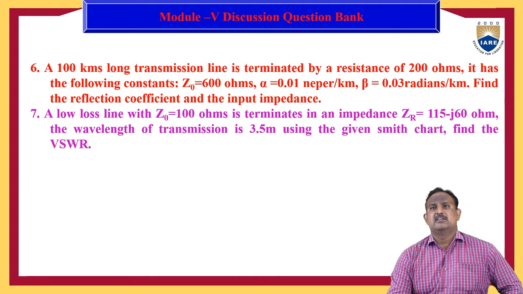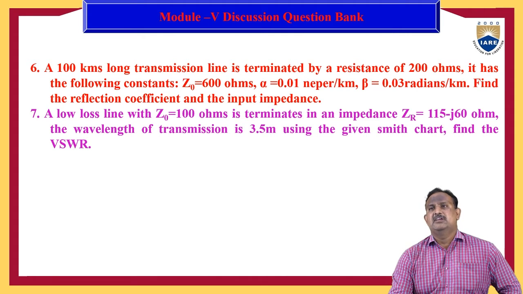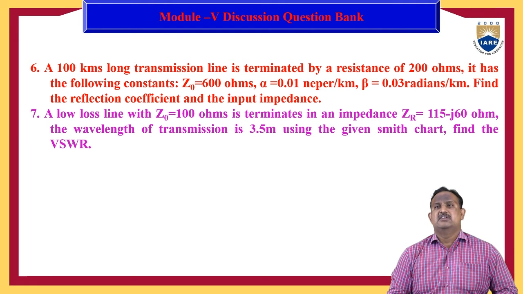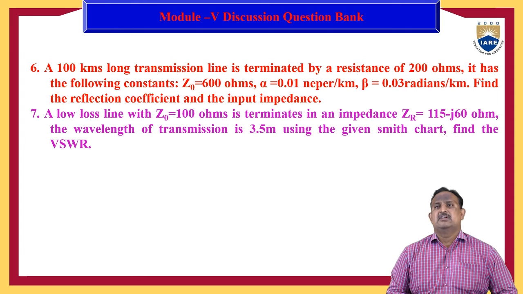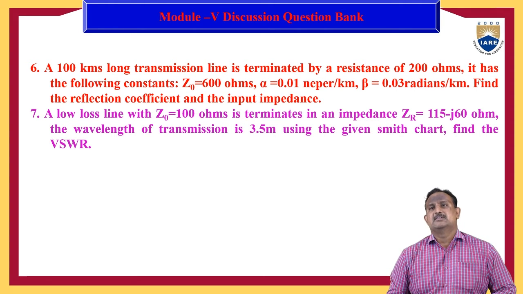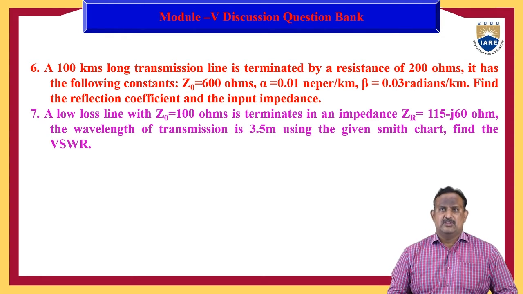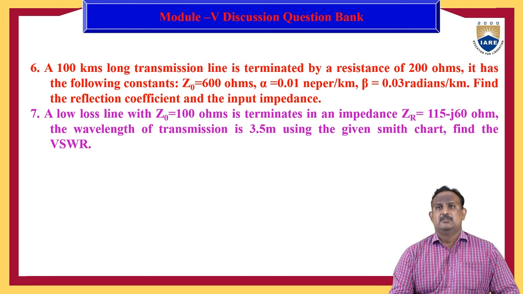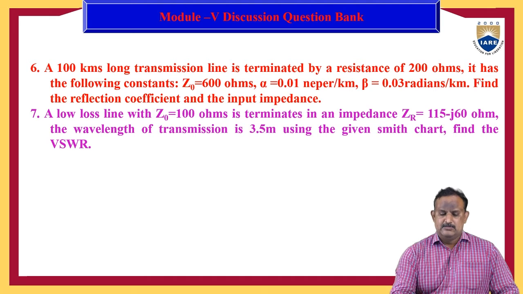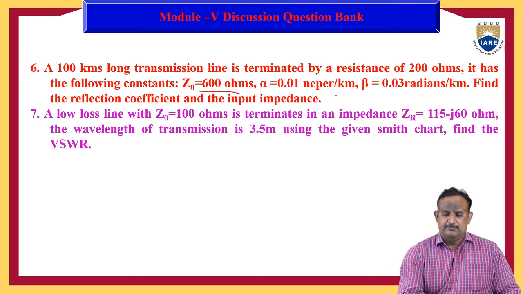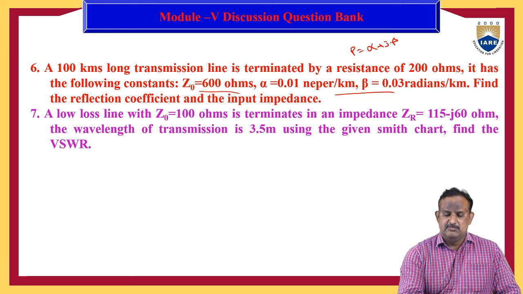A 100 kilometer long transmission line is terminated by a resistance of 200 ohms. It has the following constants: Z0, alpha, and beta are given. Find the reflection coefficient and the input impedance. Here the propagation constant P is equal to alpha plus j beta.